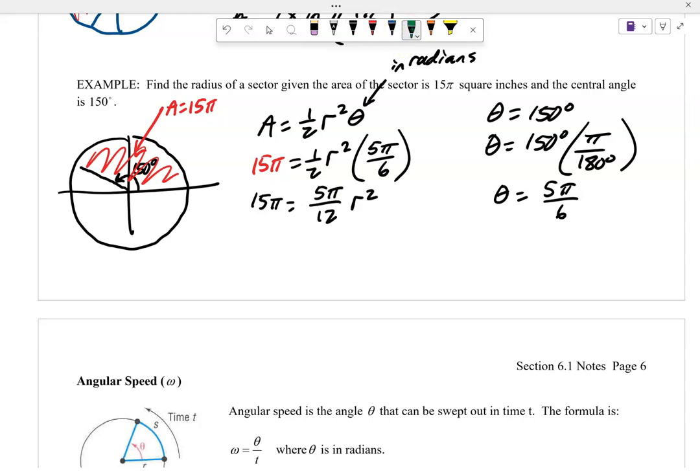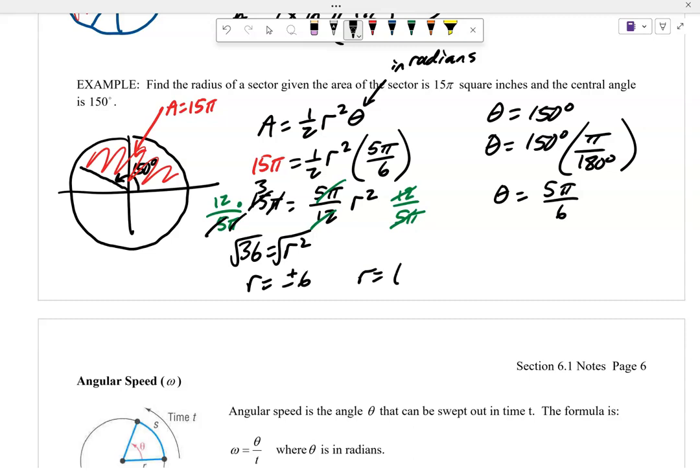I'm going to multiply both sides by the reciprocal, 12 over 5 pi. Notice my pi's cancel. 15 over 5 gives me a 3. 3 times 12 is 36 equals r squared. Square root, r equals plus or minus 6. And of course, r must be 6, and this would be in inches. This is originally given in square inches, right? It's got to be a positive radius, right? Length, so it's not going to be negative on that one.